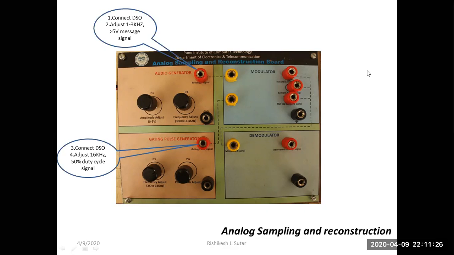Now we can connect the message signal to channel 1 of the DSO. Then we can apply the message signal to the input of the modulator block. We can apply the gating pulse signal to the second input of the modulator block.